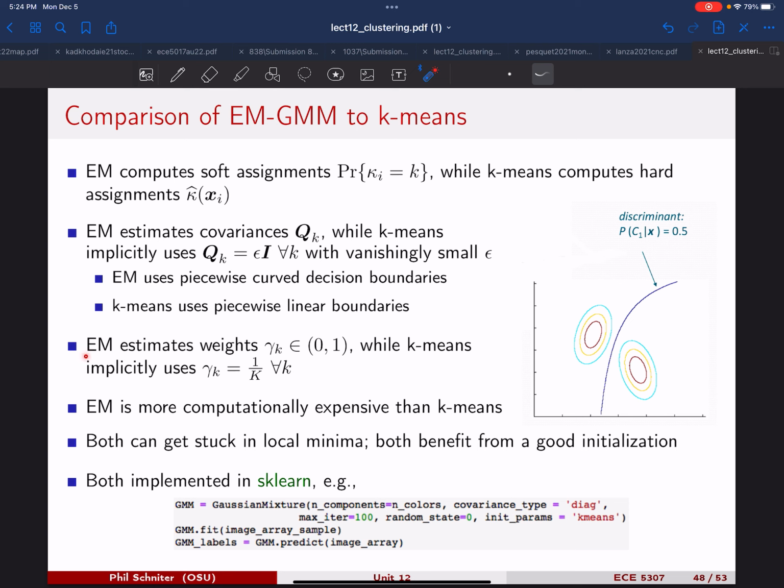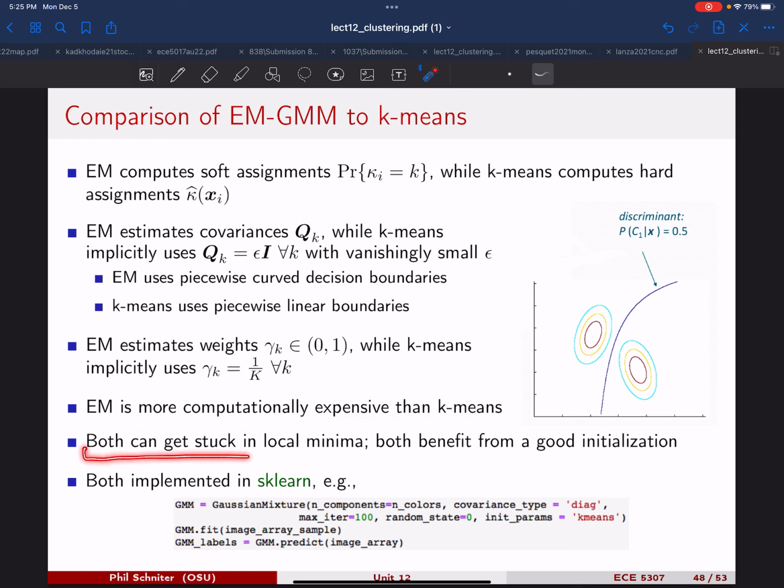Okay, another thing is that EM actually estimates the weights that tell you how many data samples correspond to one Gaussian versus another, whereas k-means implicitly uses 1 over capital K as the weights for all of the different components. So EM is, you could say, more general, maybe more precise, but it's more computationally expensive than k-means.